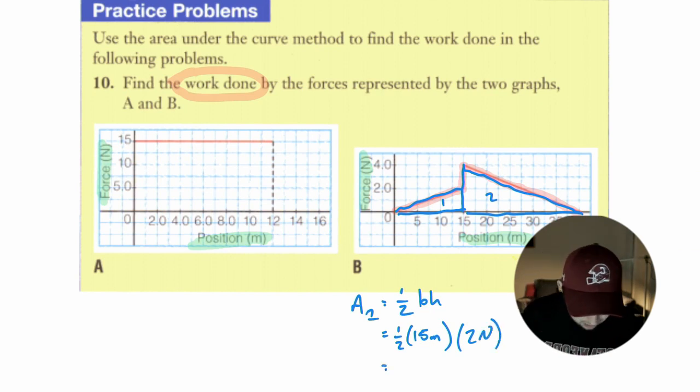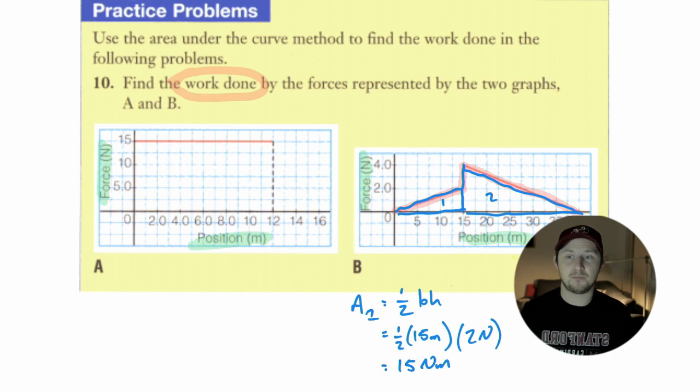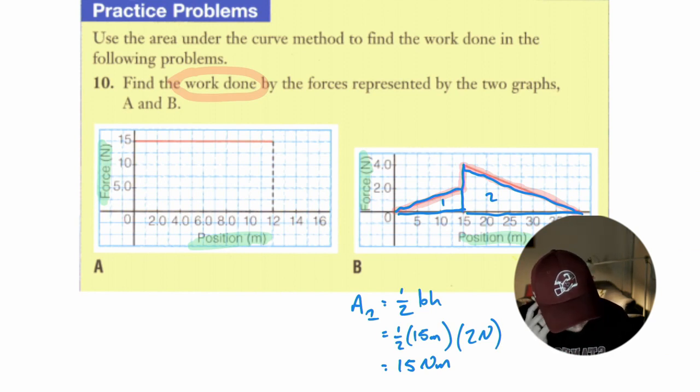We plug that into our calculator, and we get 15 times 2 is 30, divided by 2 is 15 Newton meters. We've got to get this down to one significant digit, so we would write this as 2 times 10 to the power of 1 Newton meters, or joules.